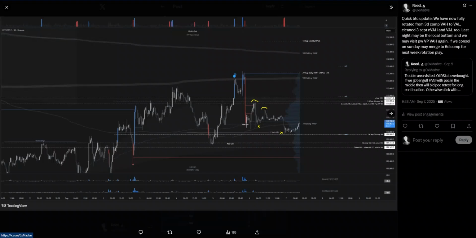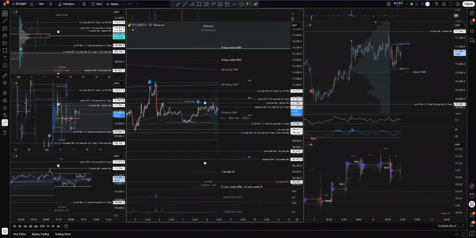I called that this may be the bottom, and we may visit the previous week volume profile value area high again, which is here. And we get that move here.